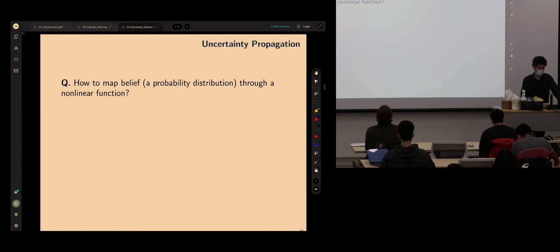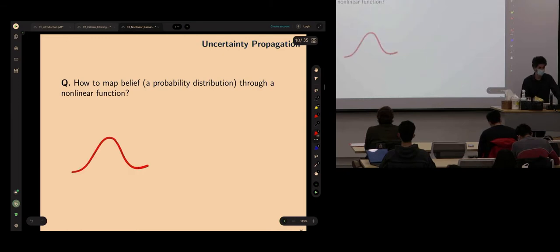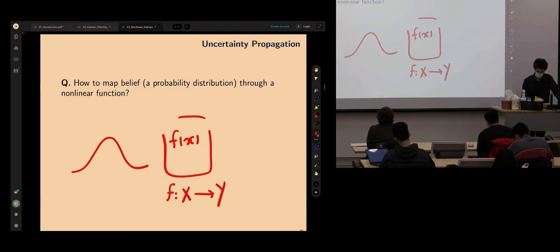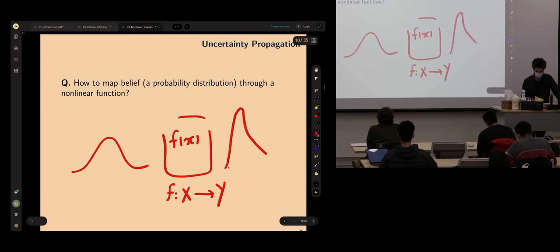So does this make sense? There's a distribution here, maybe it's Gaussian. There is a nonlinear function. F is a mapping from some domain to some range. This nonlinearity can perhaps make this distribution look like this, right?